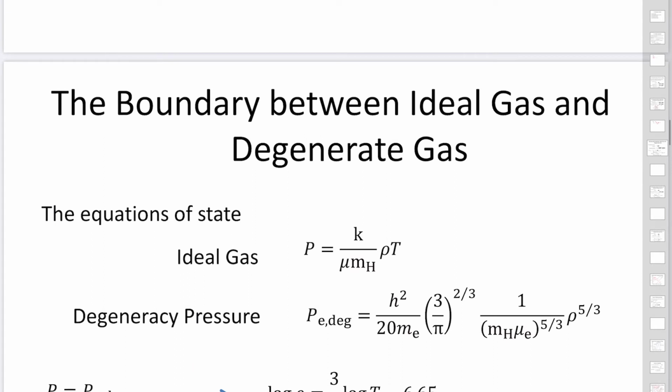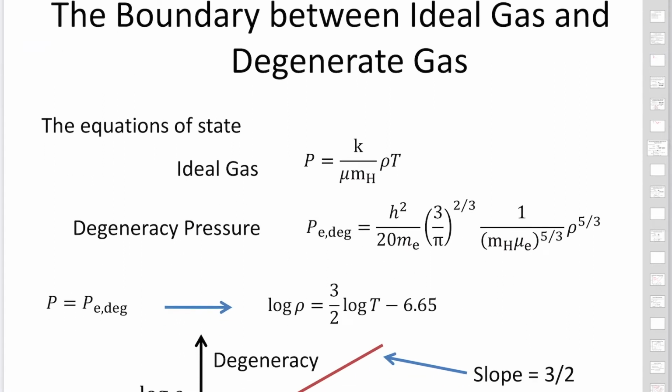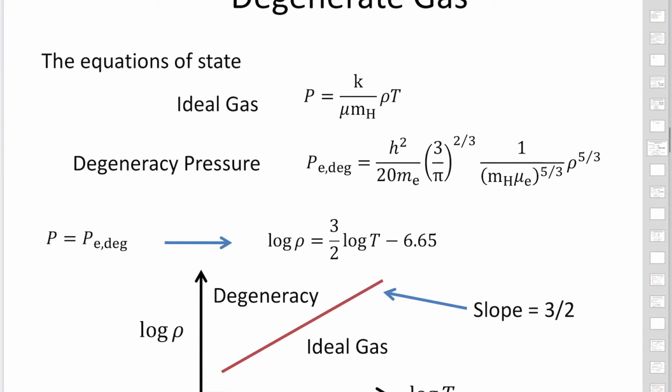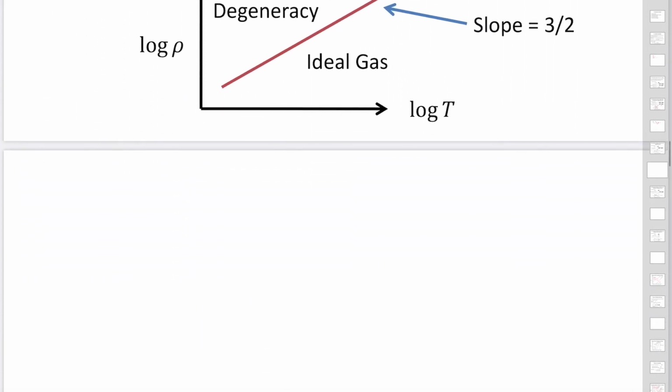Also, we could find the boundary between the ideal gas and the degenerate gas. So the ideal gas equation is expressed this way, and the degeneracy pressure here. And by comparing these two, setting P ideal equal to the degeneracy pressure, from this you can find the density.